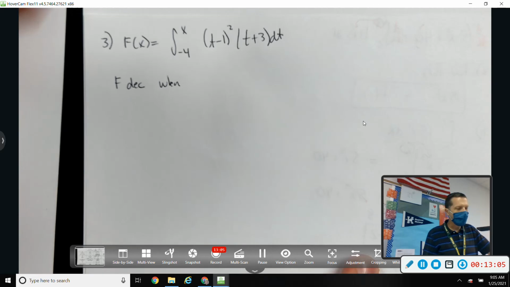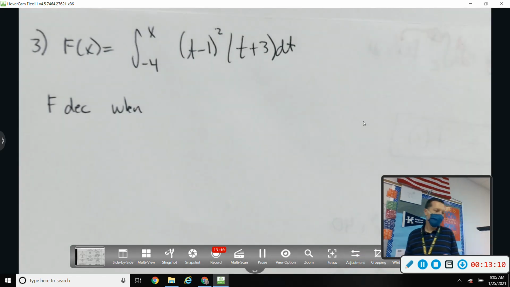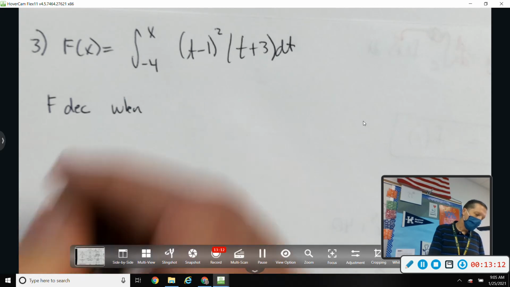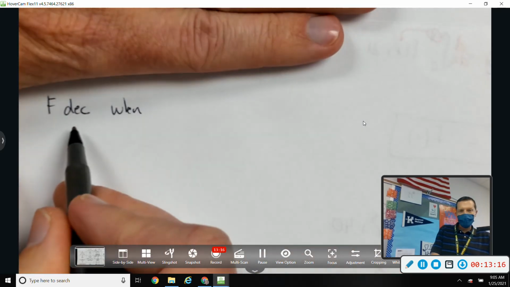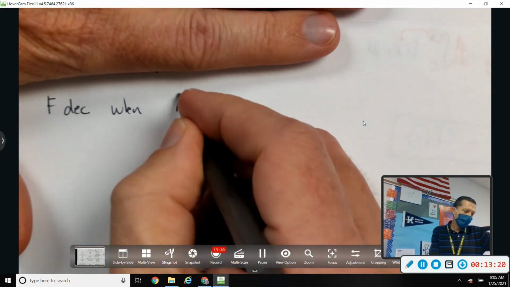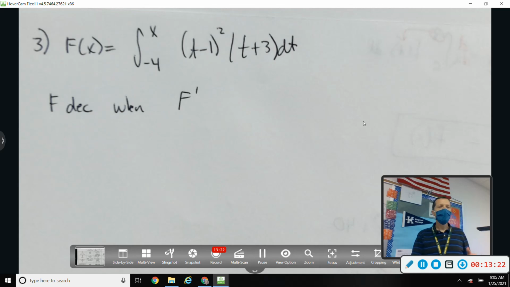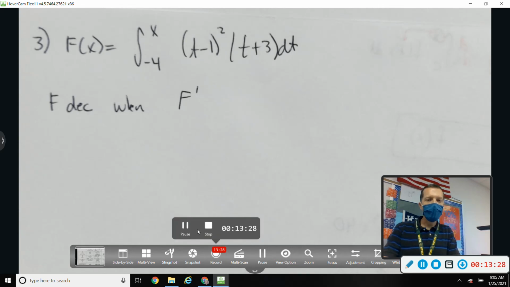And again, I think it's helpful to justify first because that helps you know what to do. f decreases when, you could answer that question without having any information about anything. f decreases when f prime, and then let that lead you through the rest of the problem. So try that one, then we'll go over that one.